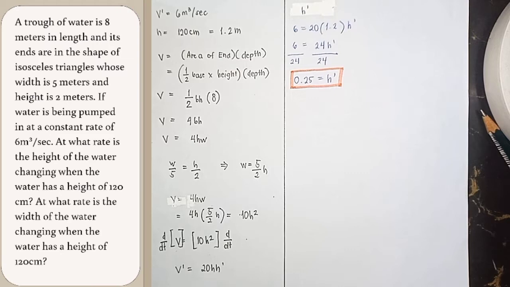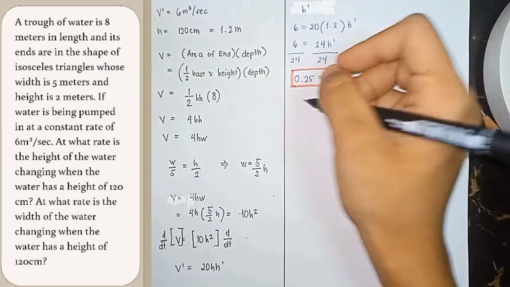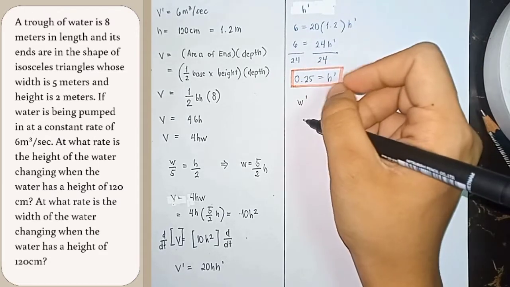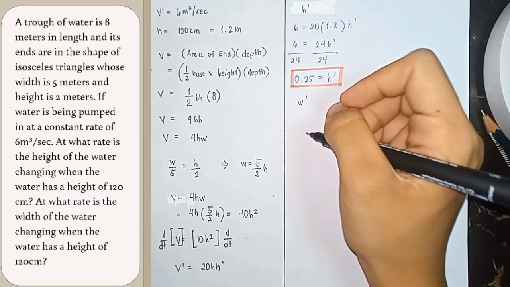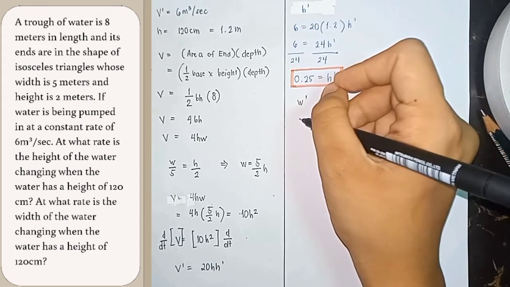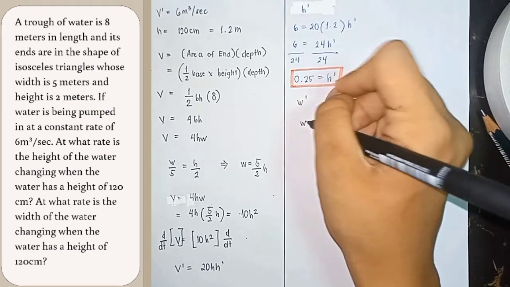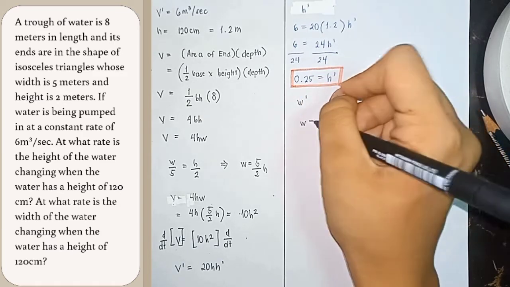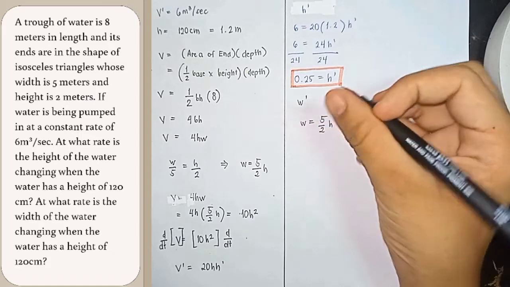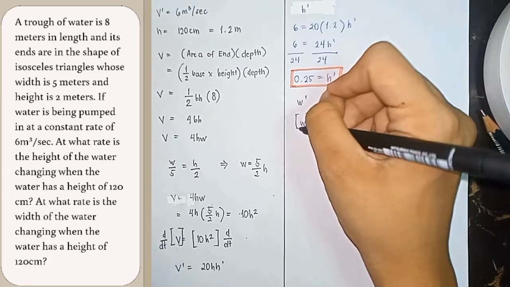In order to answer the second part of this question, we will need W prime. And we have the following equation from the similar triangles that relates the width to the height, and we can quickly differentiate it to get a relationship between W prime and H prime. Width equals 5/2 times height. So, we need to differentiate it with respect to t.